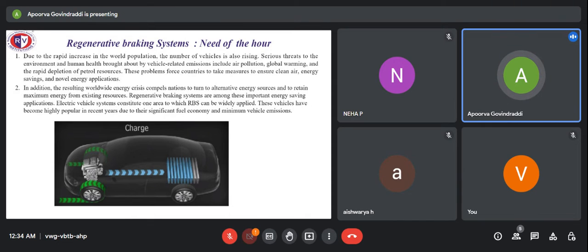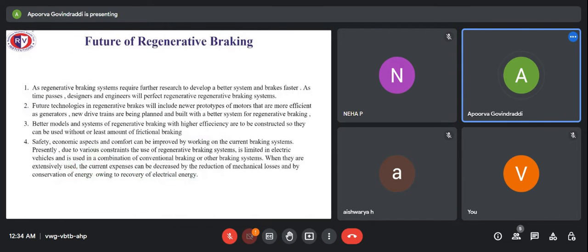Regenerative braking is mainly used in electric vehicle systems, which have become popular in recent years due to their fuel economy and minimum vehicle emissions. And here I'll be talking about the future of regenerative braking.